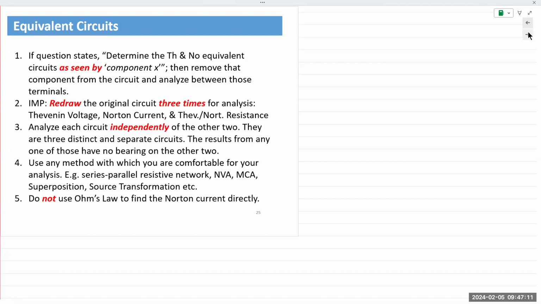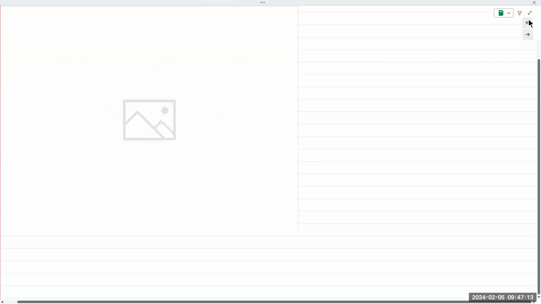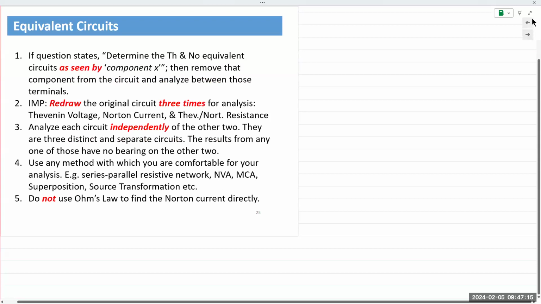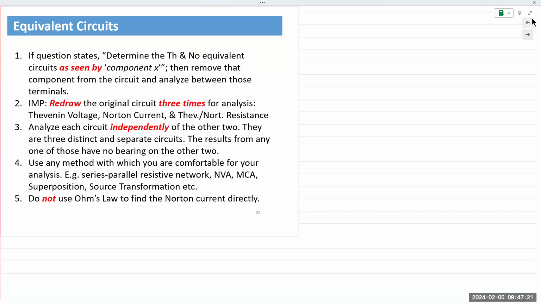Now, the next two slides, including this one and this one, are the most important. These summarize the steps required to determine the Thevenin and Norton equivalent circuits. Remember, I said you have to determine three independent quantities: resistance, voltage, and current.